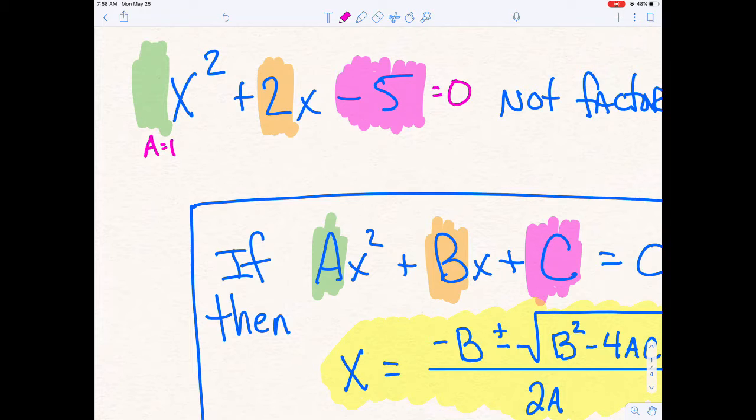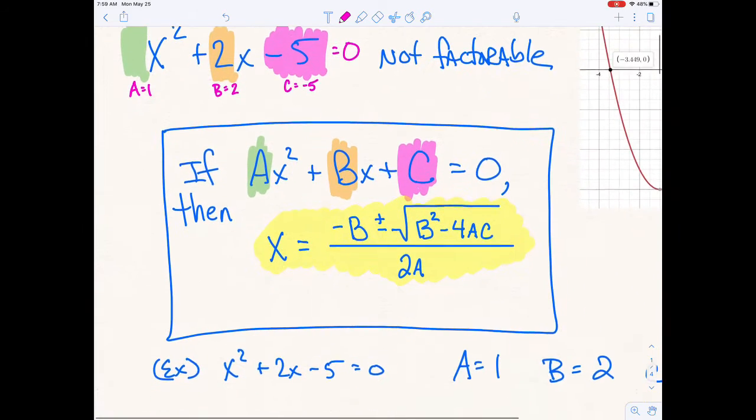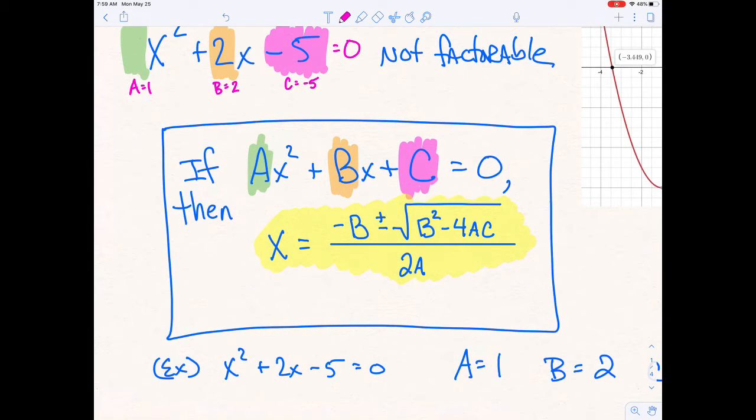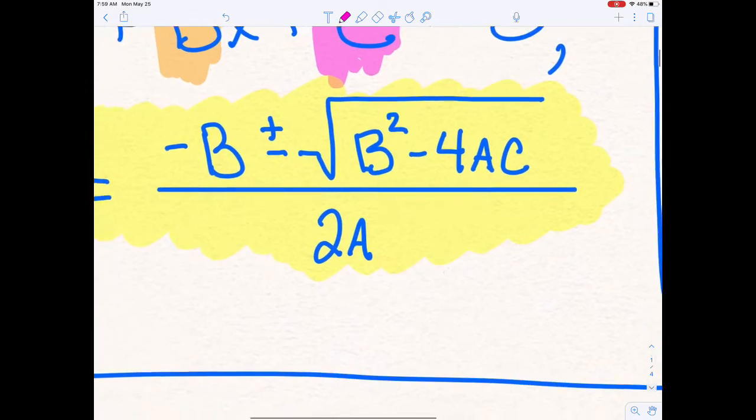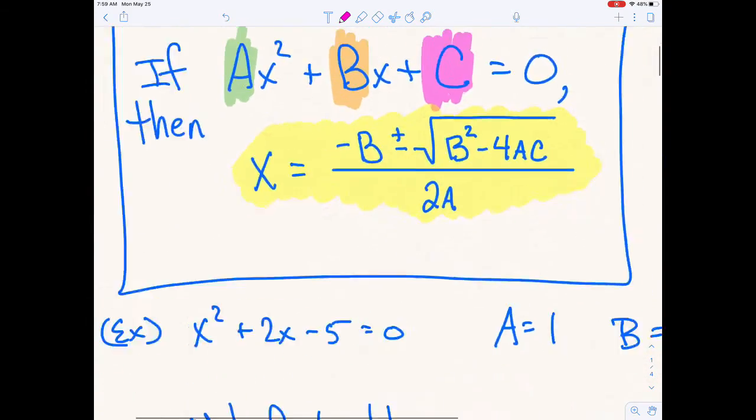Whether we write it there or not doesn't matter. The b term is 2 because that's the coefficient in front of x. And the c term is negative 5. We claim the sign and the number itself. So with that in mind, we know the a, b, and c, and all we're going to do is put that a, b, and c value directly into this yellow formula here.